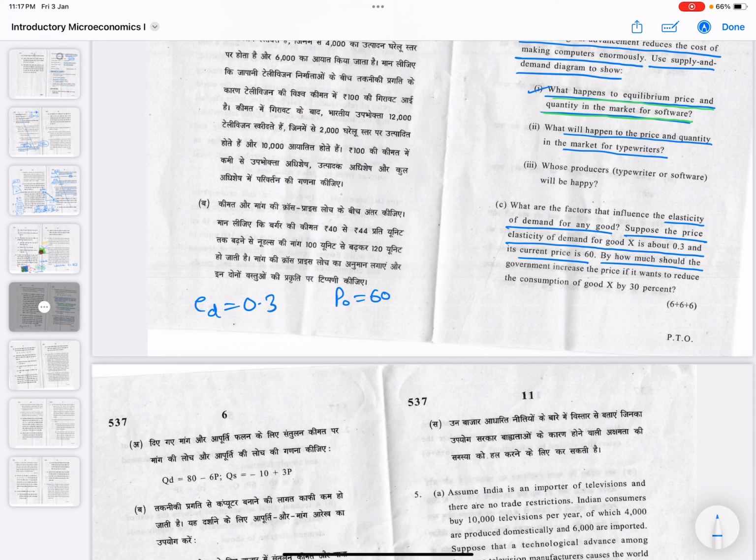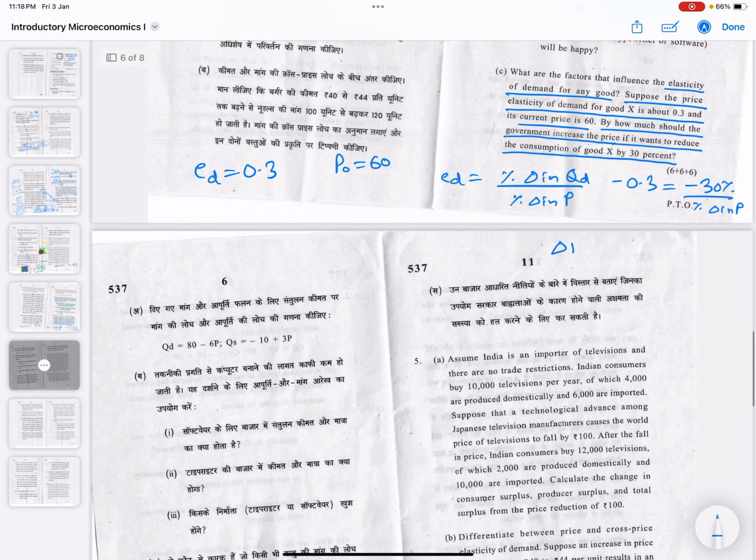By how much should the government increase the price if it wants to reduce the consumption of the good by 30%? So we know ED is percentage change in quantity demanded upon percentage change in price. So 0.3. We need to reduce the consumption by 30%. So by percentage change in price.